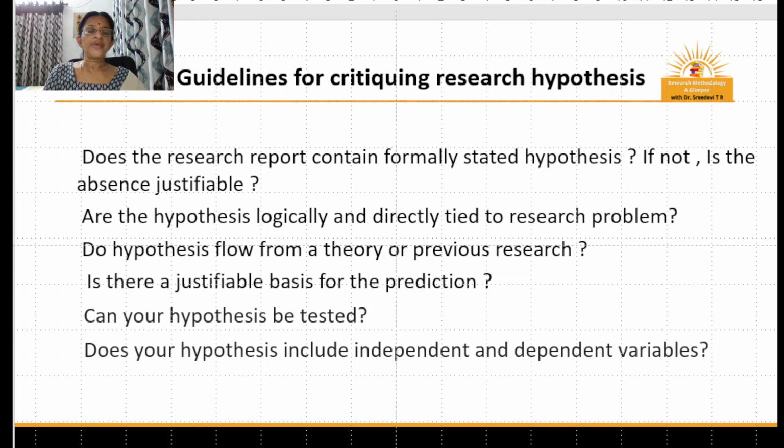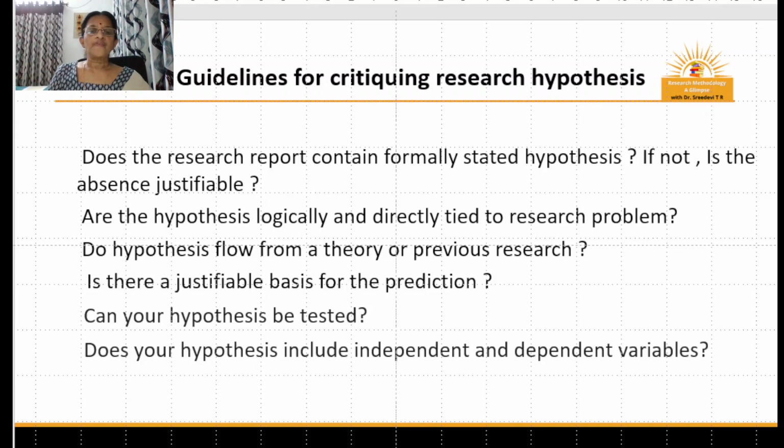Because when we write the hypothesis, we have to check whether the hypothesis statement is correct or not, or properly stated. So in order to make sure, there are certain guidelines for evaluating the hypothesis. 1. Does the research report contain formally stated hypothesis? If not, is the absence justifiable?